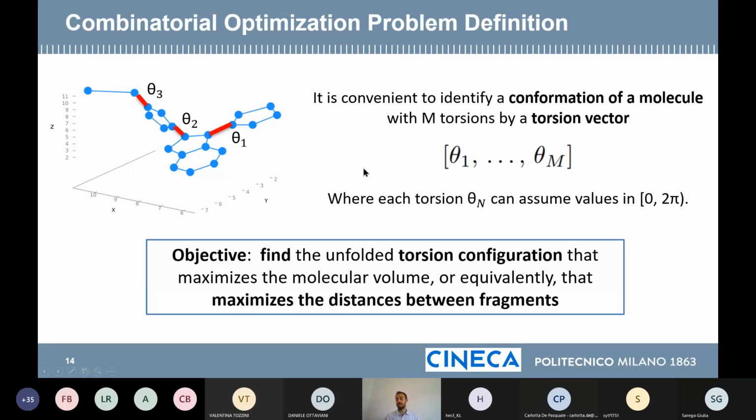So we understood that what we want to find is the optimal conformation of a molecule with m torsions. Torsion, I mean rotatable bonds, is the same thing. So we want to find the optimal configuration that maximizes the distances between fragments, because maximizing the volume is also equivalent to maximizing the internal distances between fragments.